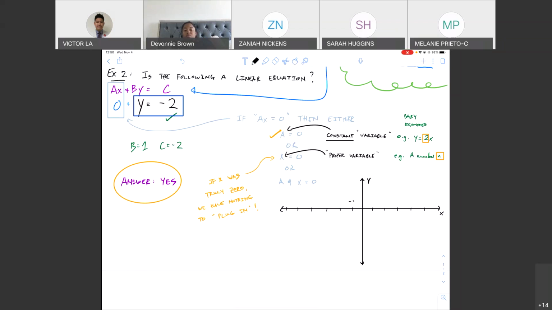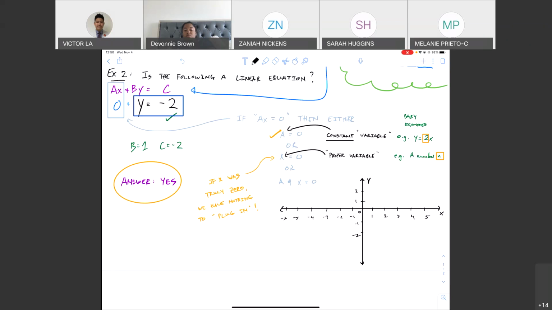And I'll even take the time to label these numbers. -1, -2, -3, -4, -5, -6. Of course, zero's in the middle. We're here with -1 on the vertical, -2, and of course 1 and 2 on the top.